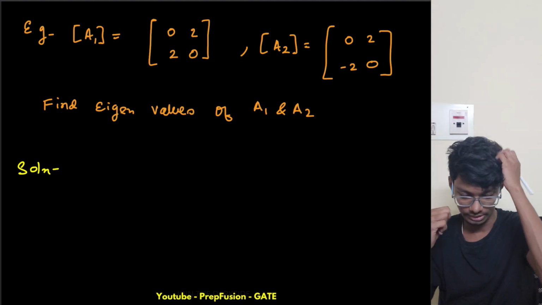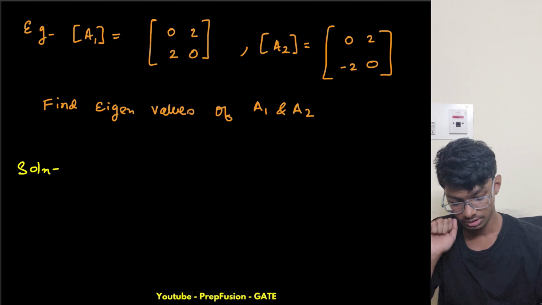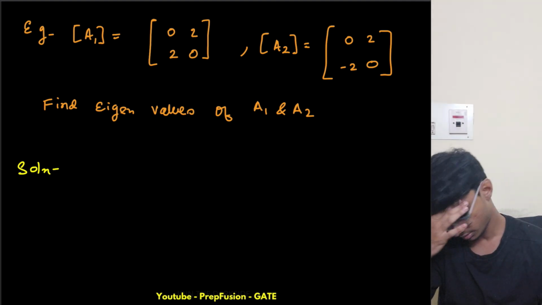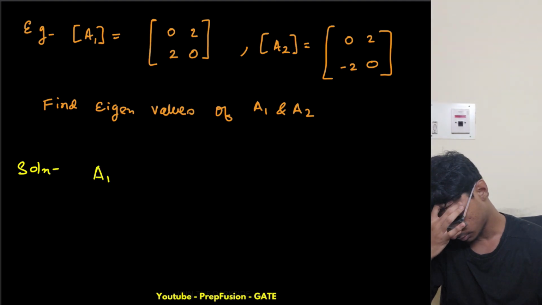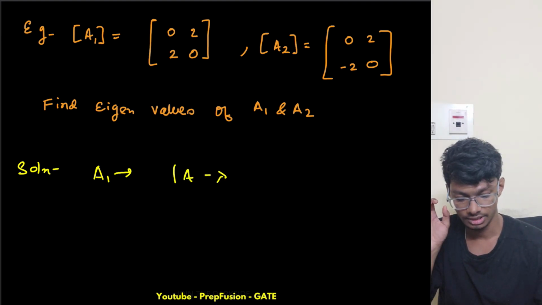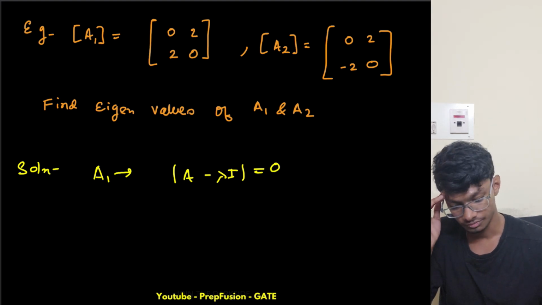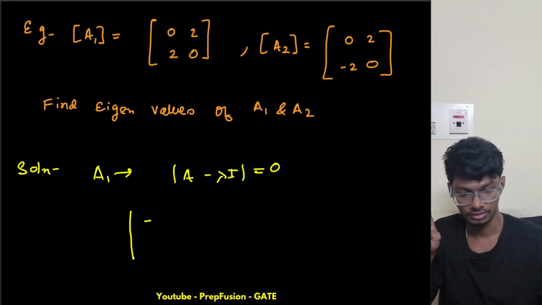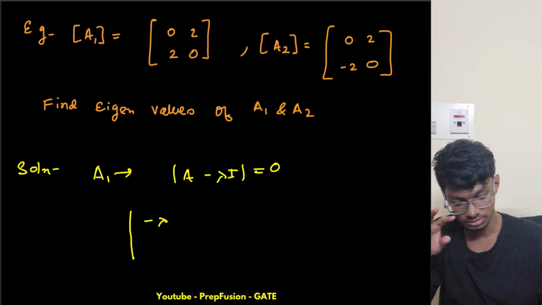First let's find the eigenvalues of A1. We do A minus lambda I and make the determinant 0.